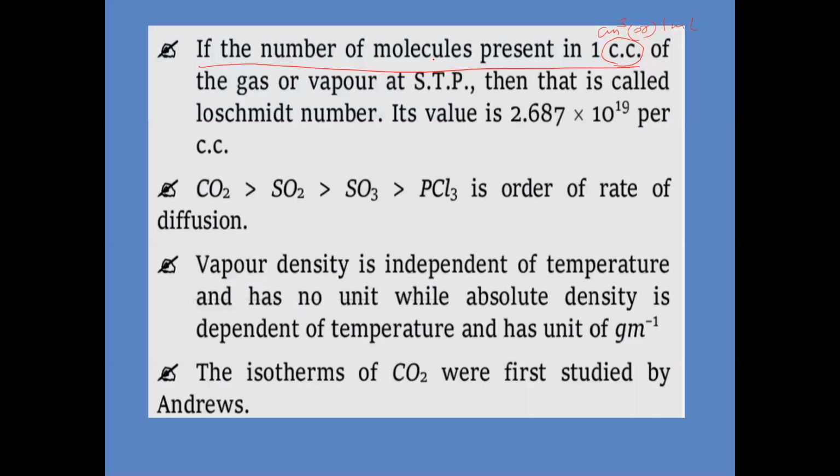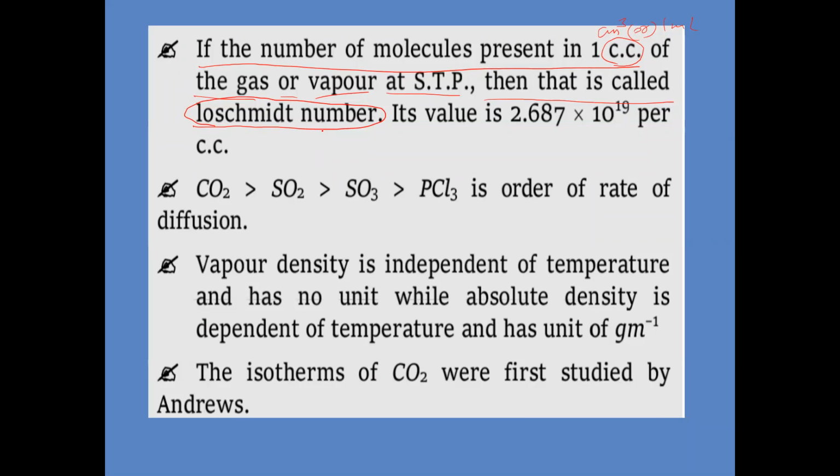If the number of molecules present in 1 ml, 1 cc, of a gas or vapor at STP is considered, that number is called the Loschmidt number. The scientist's name is Loschmidt. So the Loschmidt number is the number of molecules present in 1 ml of a gas at STP.